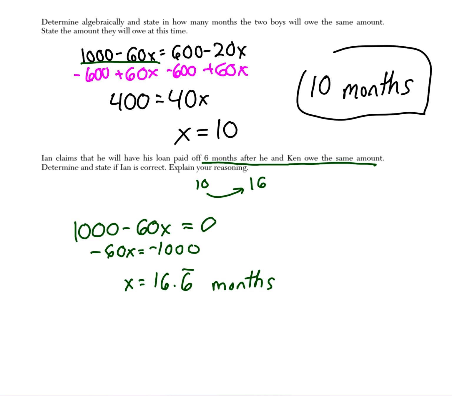So will Ian have his debt paid off in 16 months? Or in other words, 6 months after he owed the same amount as Ken? And no, it takes him that extra 0.6 repeating months. So he's not going to have it paid off at 16 months. So determine if Ian is correct. Ian is incorrect.